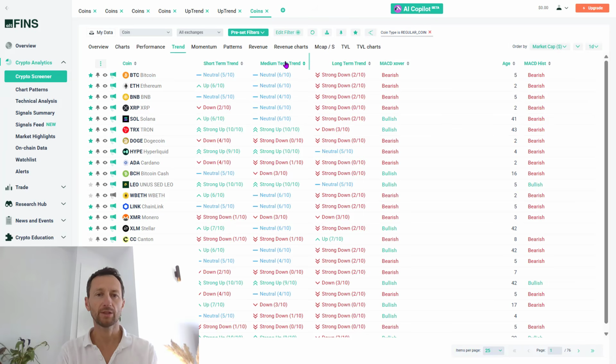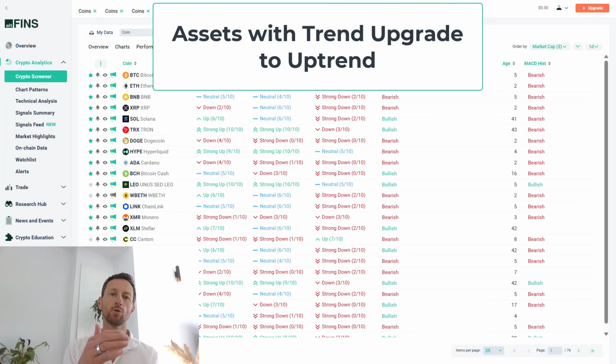I pay more attention to the medium-term trend than the short-term trend, because the short-term trend can change very quickly, but the medium trend is a little more established, I suppose. And we see a lot of neutrals, right? So it's a mix, but we can also see which assets have recently moved from down or neutral to an uptrend.